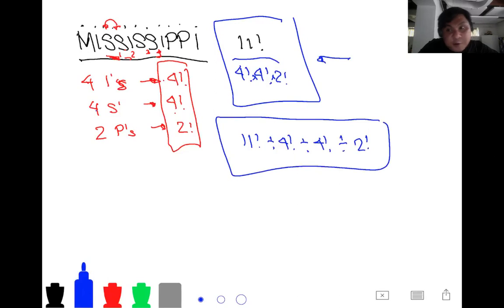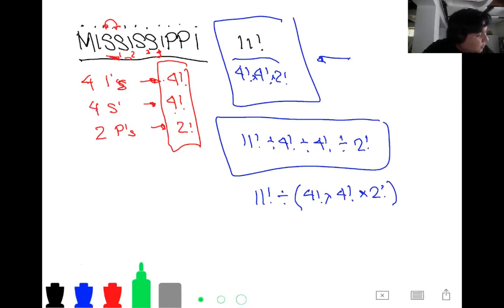Another way, if you are fond of using parentheses, is to compute 11 factorial divided by, then put a parenthesis, 4 factorial times 4 factorial times 2 factorial. So any of these 3 methods, 1, 2, and 3, should give you the correct count.